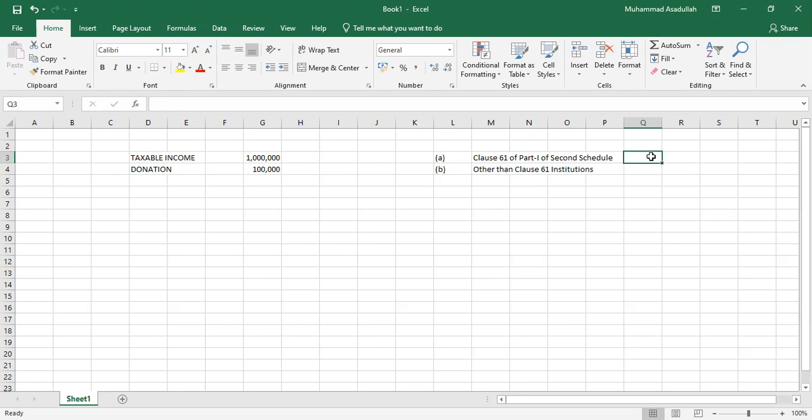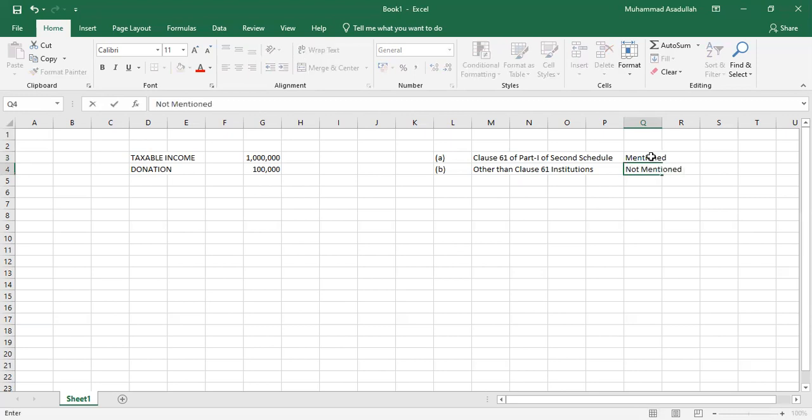During my teaching, I use short terms for these, because it is very hard to keep saying a long sentence that they are paying the donation to an institution that is available under clause 61 of part 1 of the second schedule. So for me and my students, the short terminology is mentioned and not mentioned.